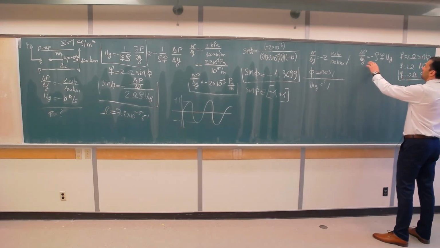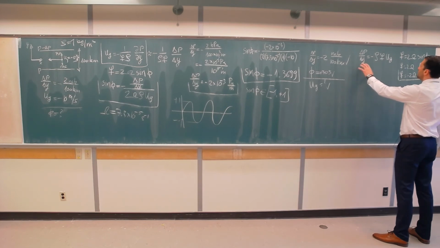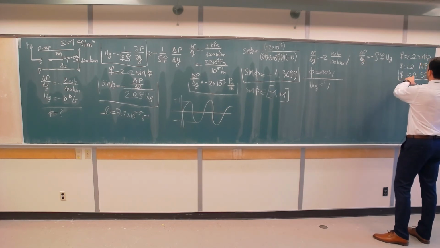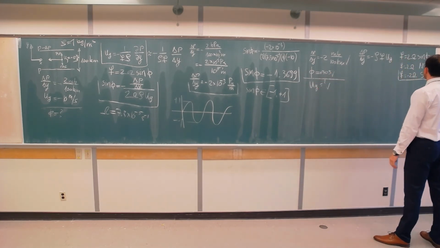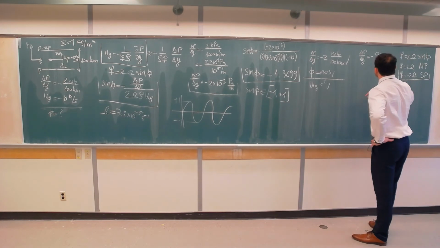So the highest effect of Earth's rotation is 2 omega, and I will use minus 2 omega because the problem here is related to the Southern Hemisphere. So I will plug in minus 2 omega here.